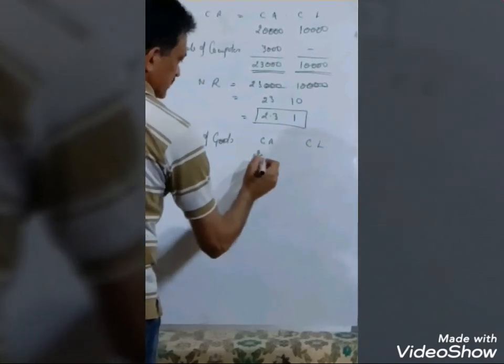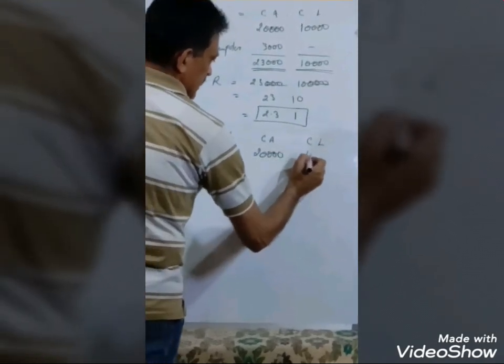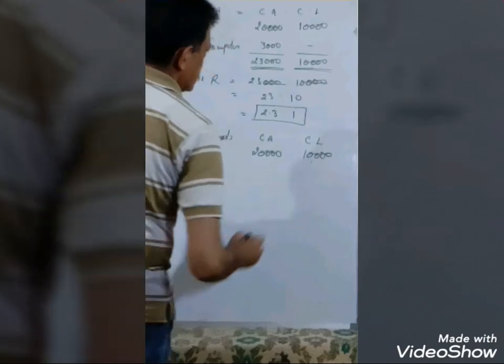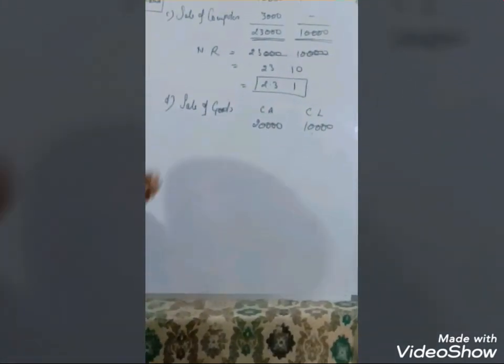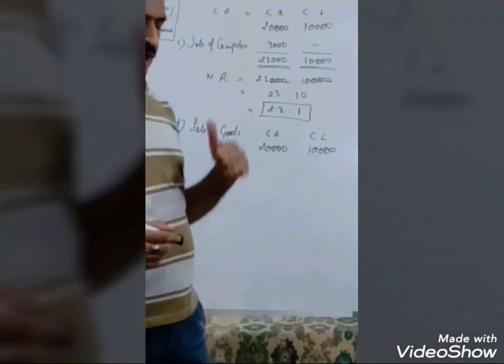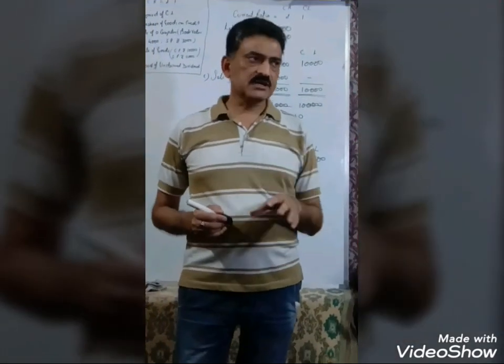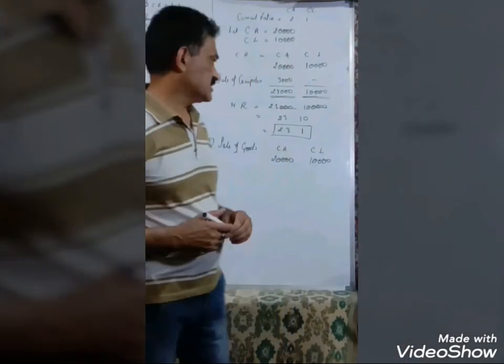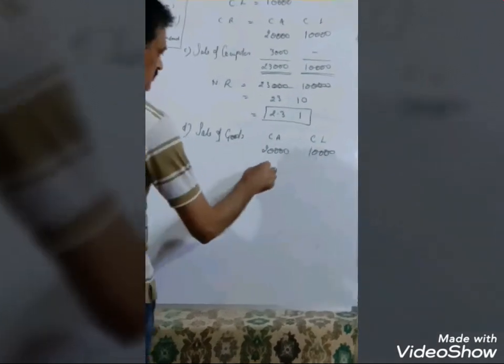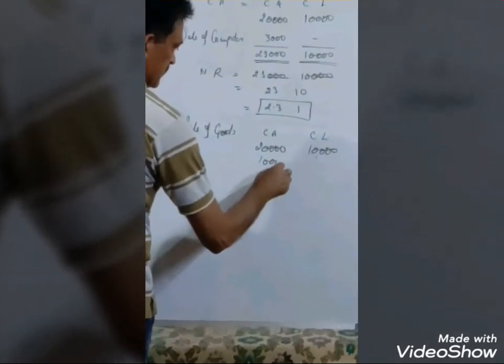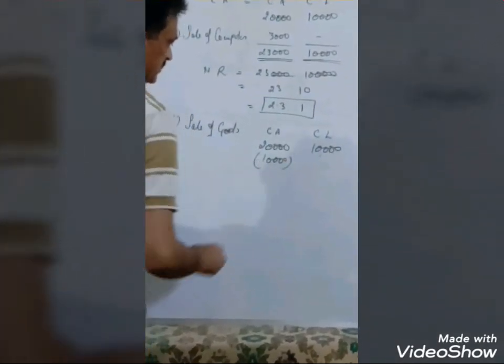Current assets were 20,000 before this transaction and current liabilities were 10,000. Now, sale of goods. Cost price of rupees 10,000 goods worth will decrease from the business because these are being sold out. So this will decrease current assets by 10,000. We have to deduct it.